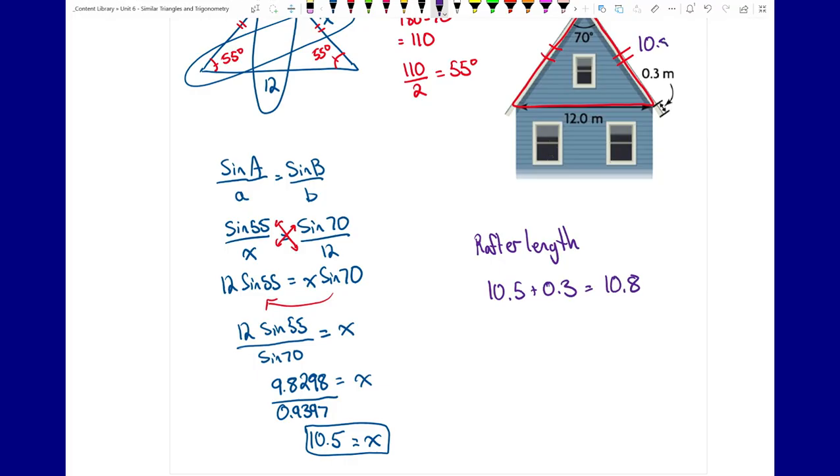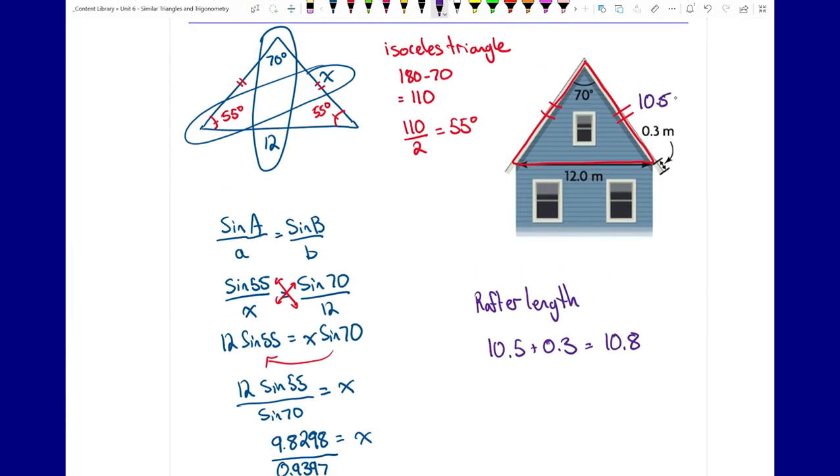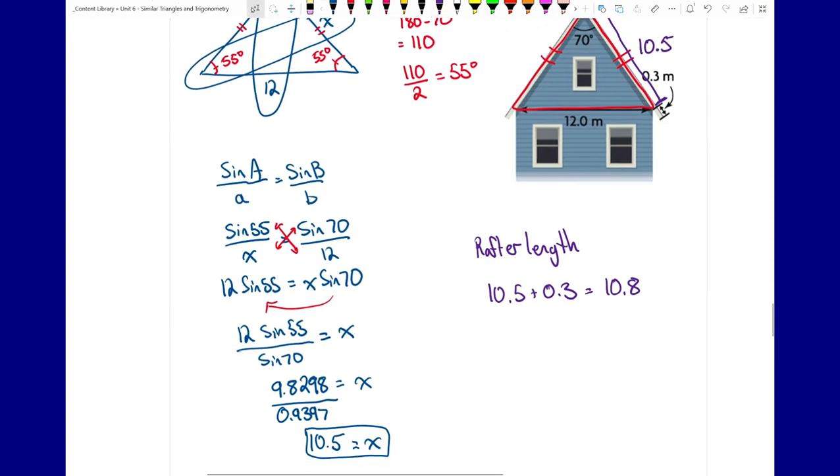So we have 10.5 meters from the peak or the top of the house all the way down to where it goes off the edge of the house. So we just add those two together, we get 10.8. So the length of the rafter is 10.8.